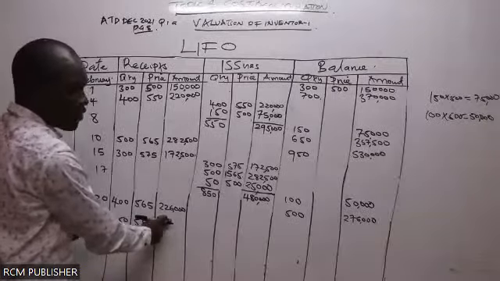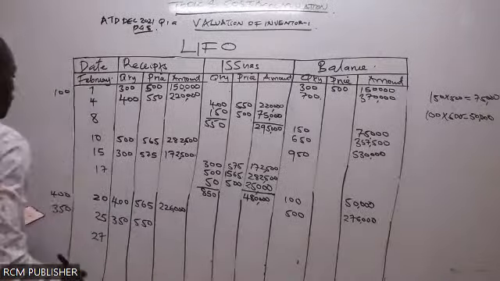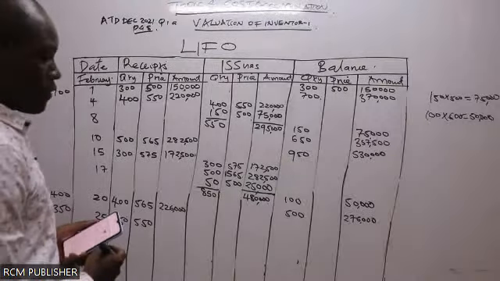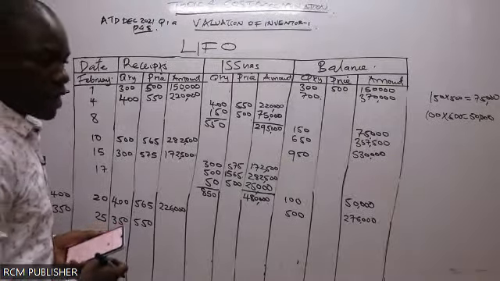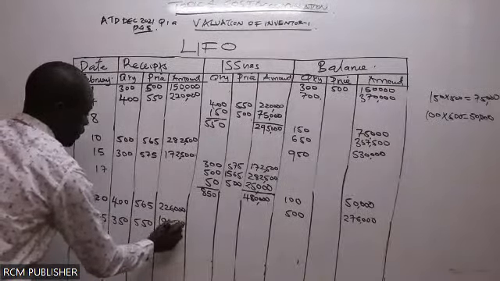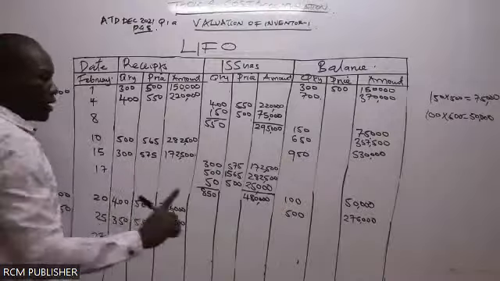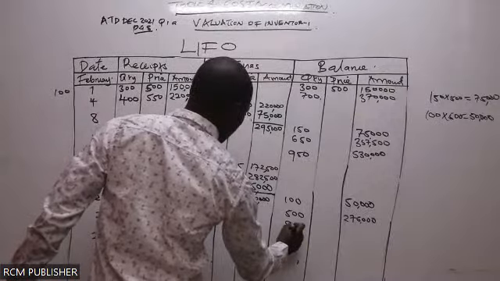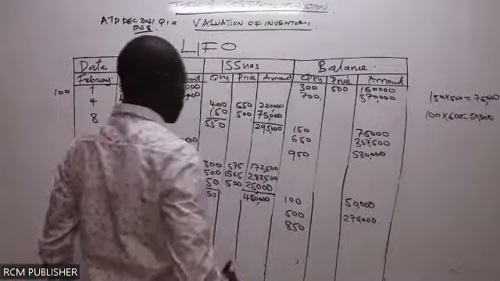So somebody to give me this. 350 by 550. 350 by 550. 192,500. We add it here. We've added 350. So it means our new stock level is 850 in terms of quantity.